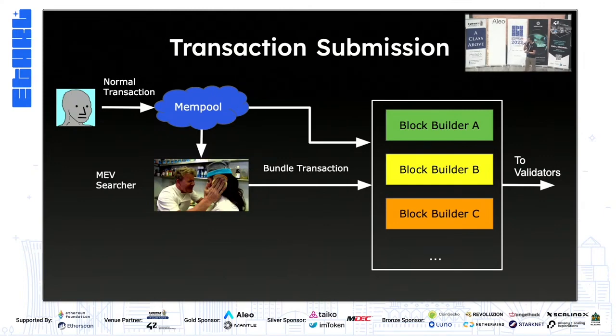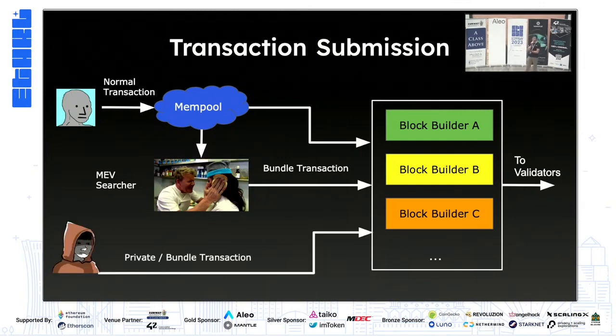So how do you prevent that? You can send a private transaction or a bundle transaction by yourself as well. You have to send it to the block builders directly and hope they include it. But usually it's okay if you're on Ethereum mainnet, because, as probably some of you know, 5 block builders dominate, creating 80 or 90% of the blocks.